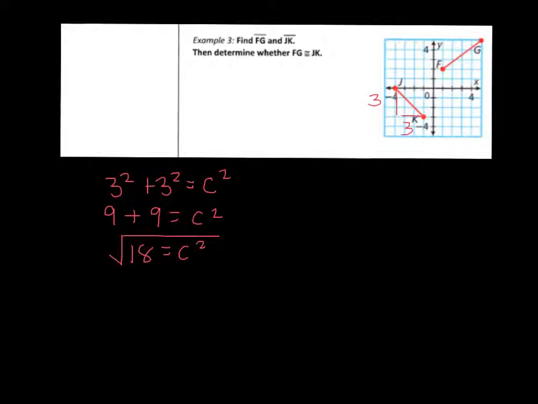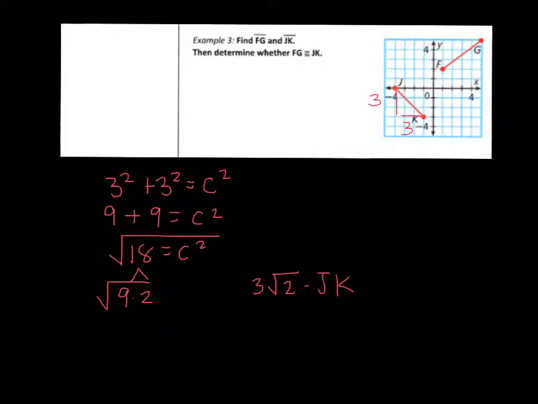Remember, for the square root of 18, you break it down into its largest perfect square and a non-perfect square. The square root of 9 is 3, and the square root of 2 stays under the radical. So I have 3 square roots of 2 for the length of JK.